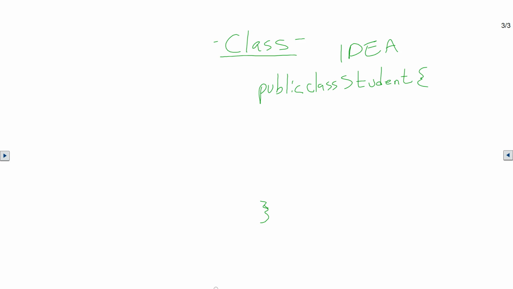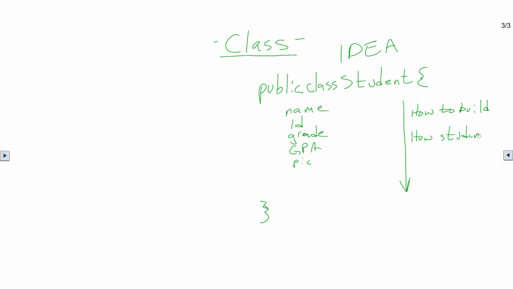So in this context, what do I need? Maybe a name, an ID, grade level, GPA, maybe a picture. All that stuff could be what you need. And what this does is it tells you how to build a student and how a student acts.